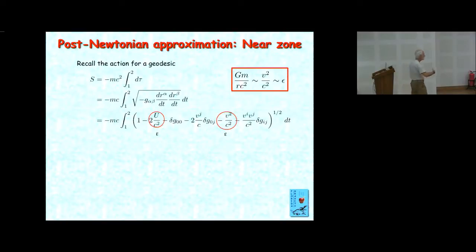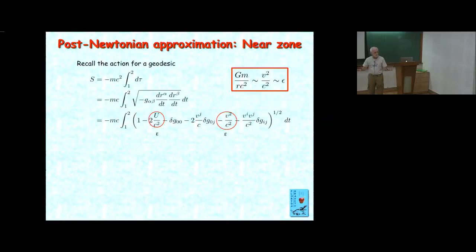You can get Newton's equations from just that action, right? Vary with respect to v, vary with respect to x. The Euler-Lagrange equations give you dv dt is grad u. You're there. So to get Newtonian theory, you need the G00 to order epsilon, and that's it. You're done.